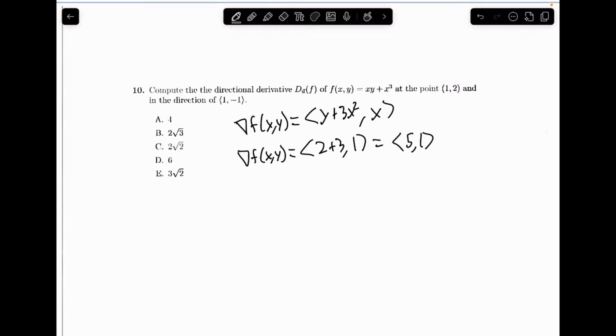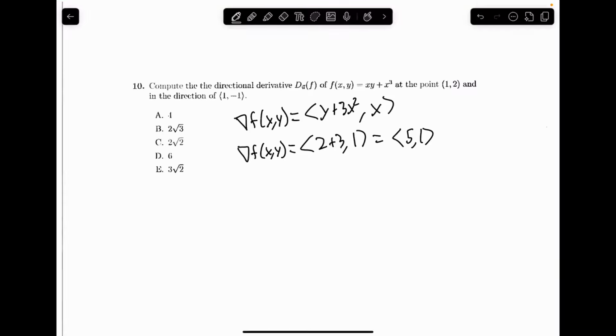Okay, so let's go ahead and now calculate our actual D_u of f. D_u of f is going to be equal to that gradient times our direction, but as a unit vector.